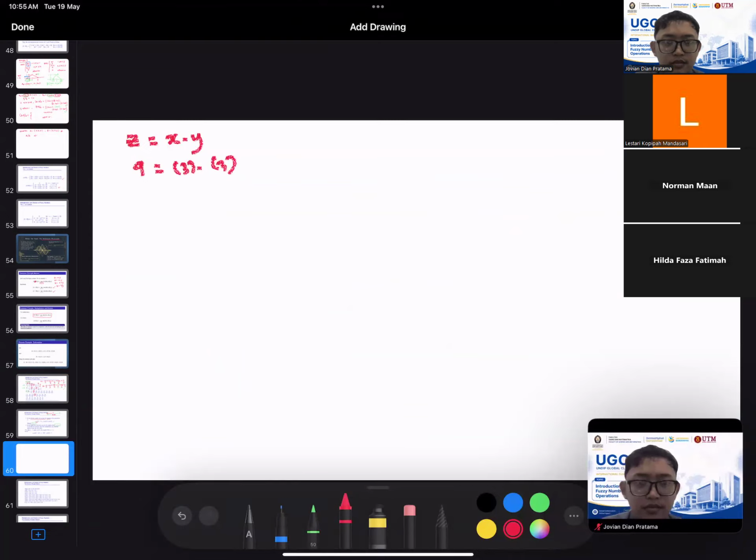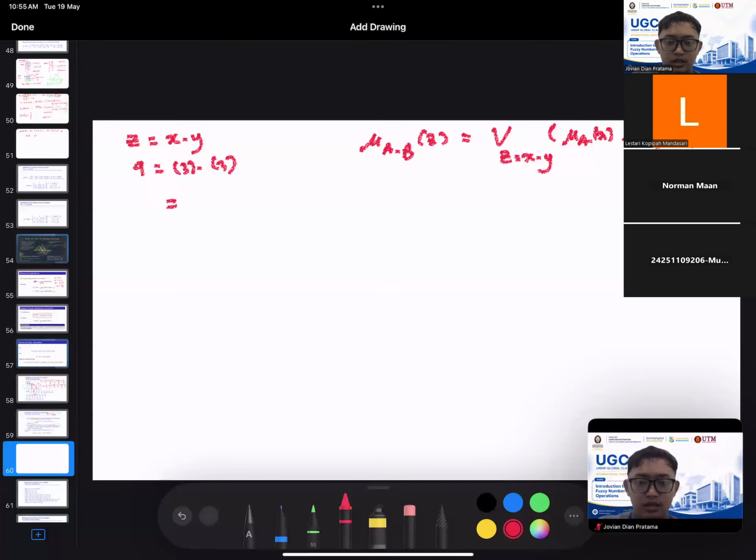So you need to use this formula. The formula that you should have: mu AB of z should be equal to, where z is equal to x multiply y, then you have mu A of x intersect mu B of y. Okay, we need to use this formula. So this one, 3, is very simple.